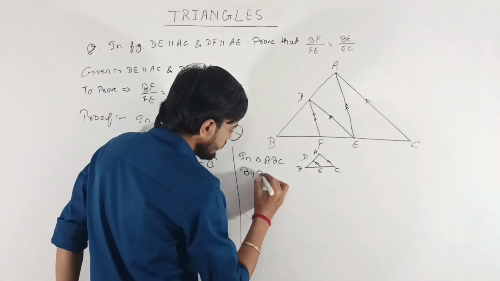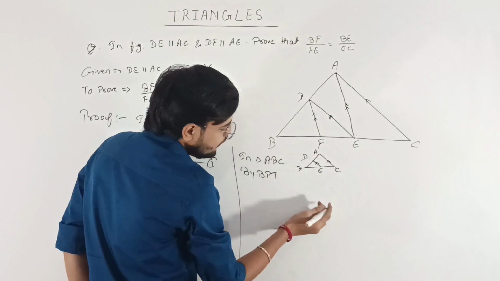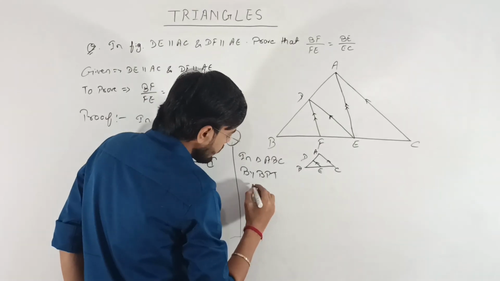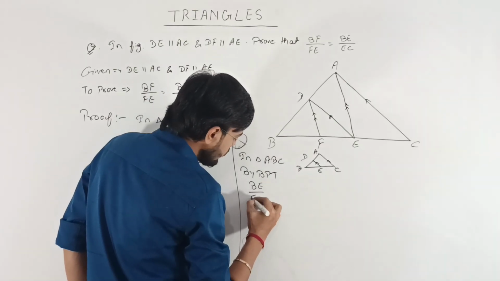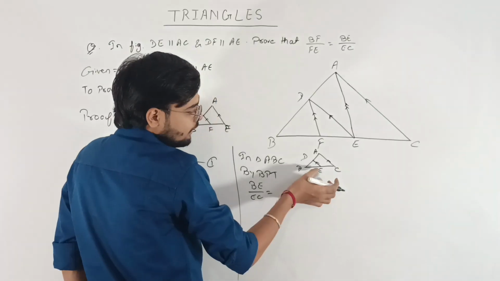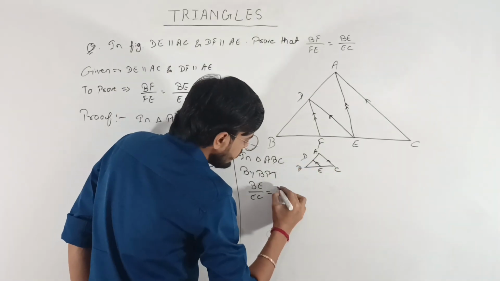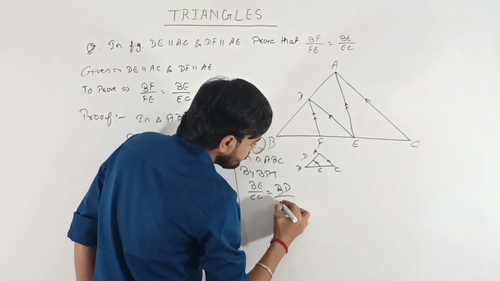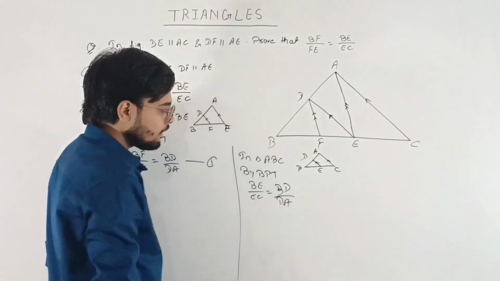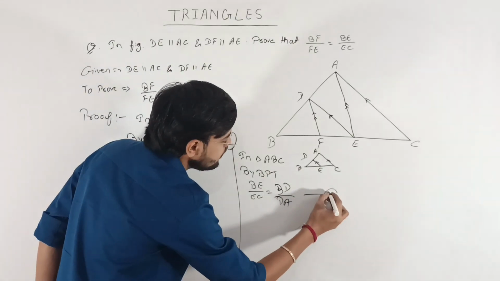Then by BPT, what we write? BE upon EC is equal to BD upon DA. Okay, this is my equation second.